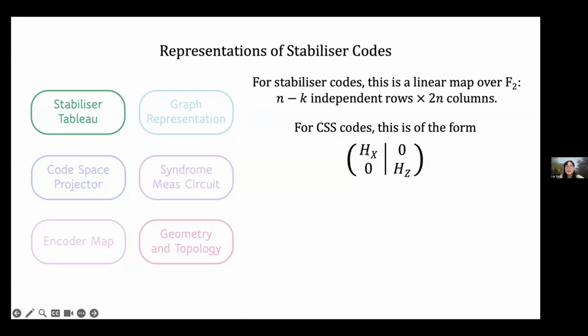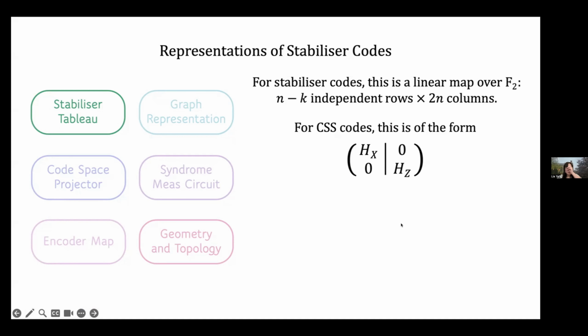The left half of the tableau is about, if you put a 1, it's stabilized by Pauli X, and on the right half, every time there's a 1, it's stabilized by Pauli Z. Whenever you have a 1 on both sides for the same location of your binary matrix, it means stabilized by Pauli Y, because X times Z, up to a global phase, is Y.